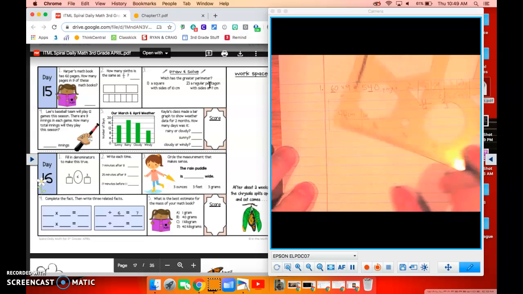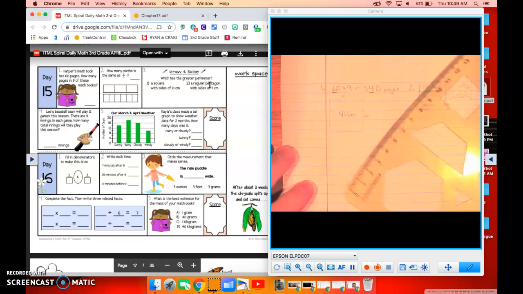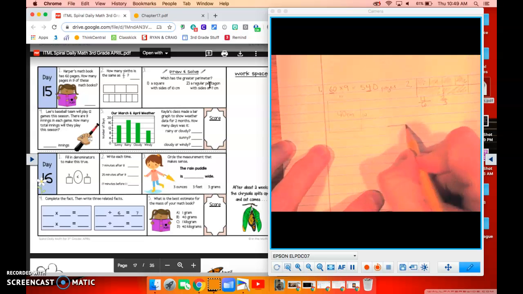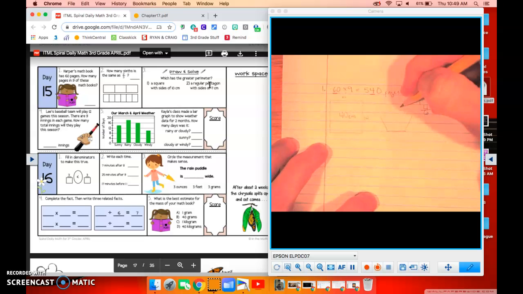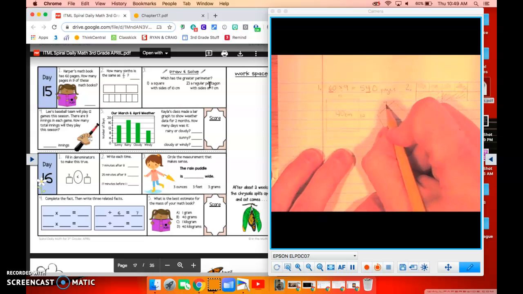Now I don't have the perfect piece on here for a pentagon, because that's the 5-sided one. So I'm just going to sketch one out quick. We got that there, that there, that there. We'll just say that's a regular one, and each side is 7.